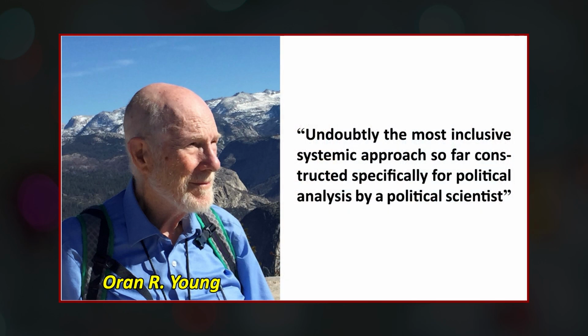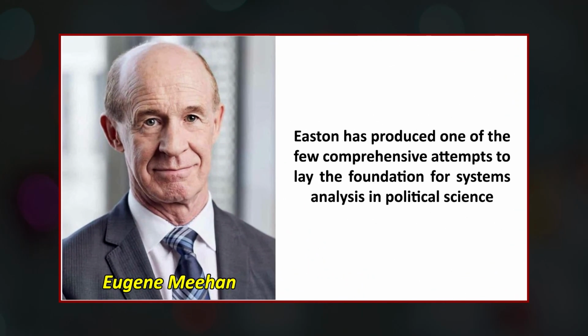Oran Young has described Easton's input-output analysis as undoubtedly the most inclusive systemic approach so far constructed specifically for political analysis by a political scientist. Eugene Meehan has written that Easton has produced one of the few comprehensive attempts to lay the foundations for systems analysis in political science.